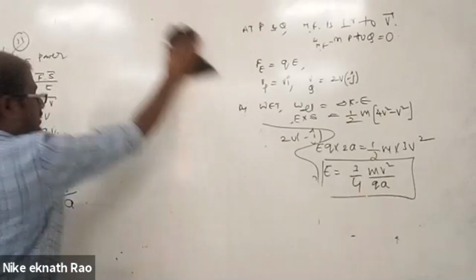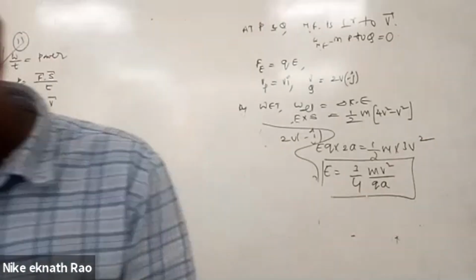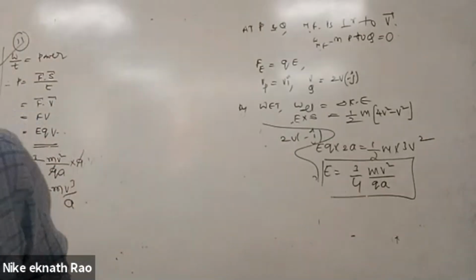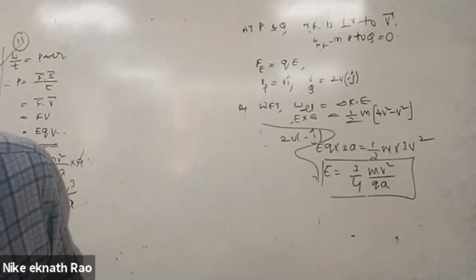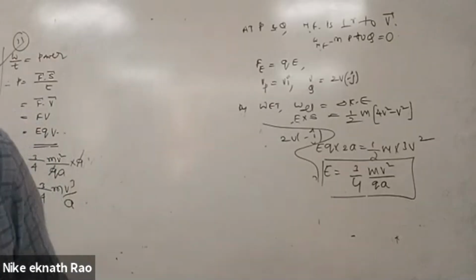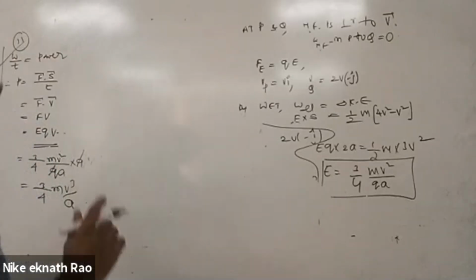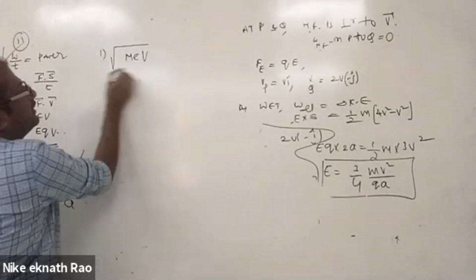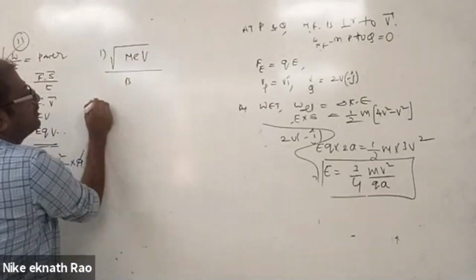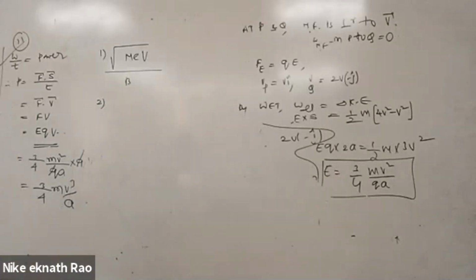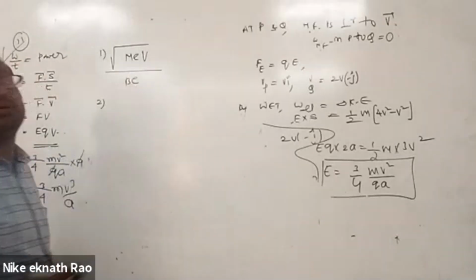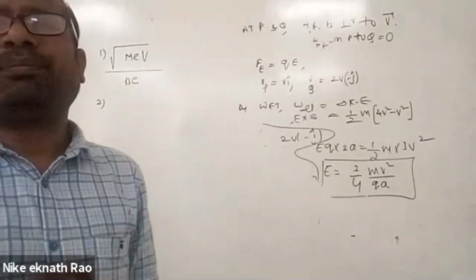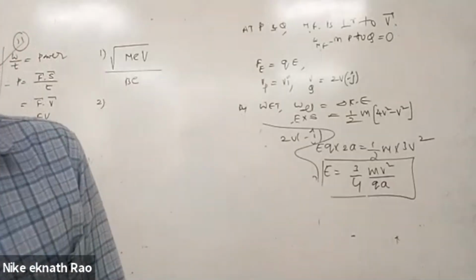So the answers are in terms of electric field, magnetic field, mass, and velocity. The first option is root of mVV by BE. First option root of mEV divided by B. B bar, of course, magnetic field.